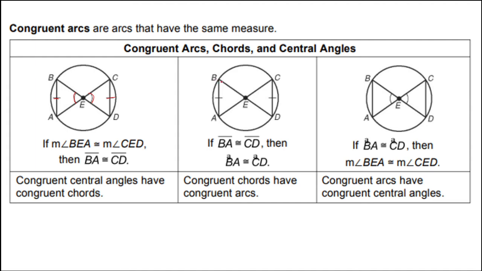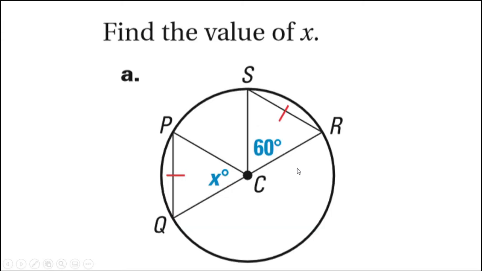Kapag naman ang chord mo ay congruent, ibig sabihin, itong minor arc nila dito ay congruent din. Okay? So, kung naman ang arc mo ay congruent, automatic yung central angle niya congruent din. So, magkaka-partner ang mga yan. Okay? Let's have an example.